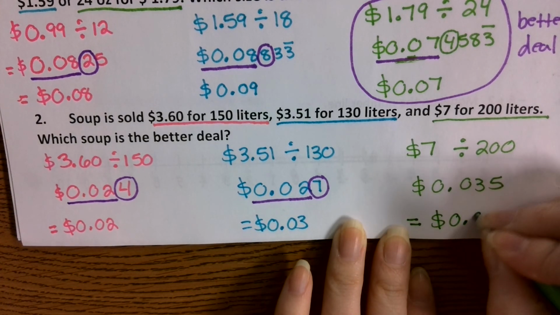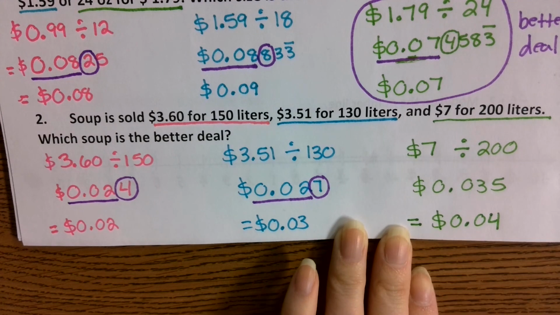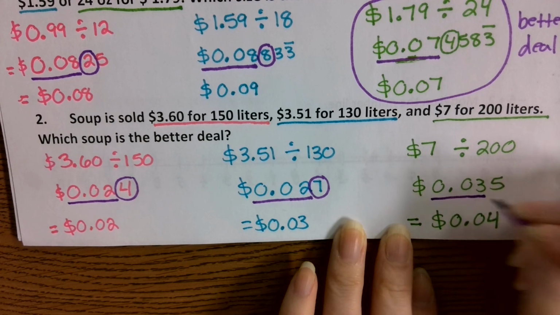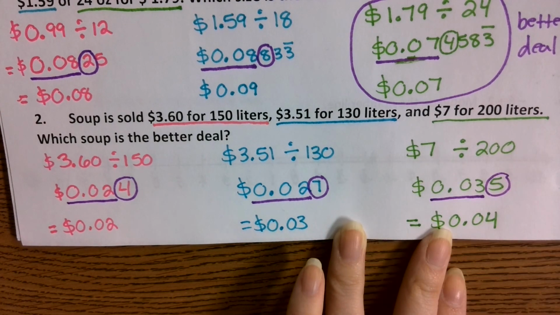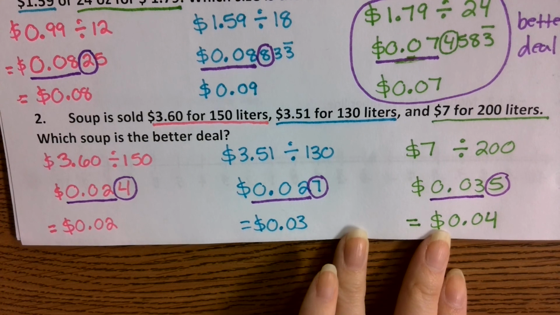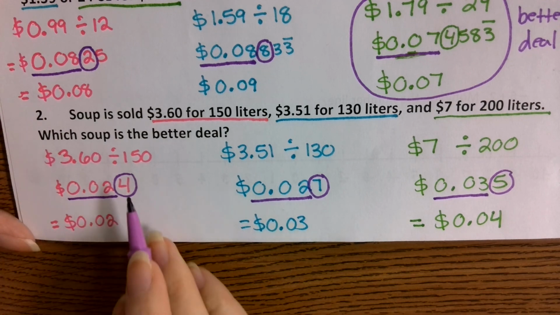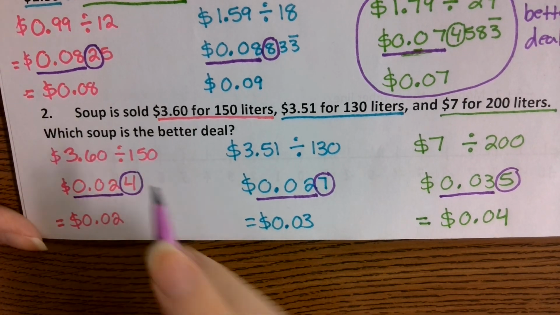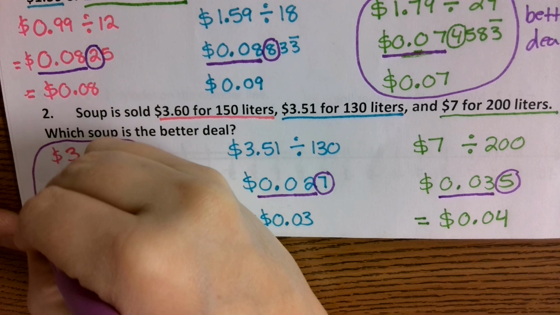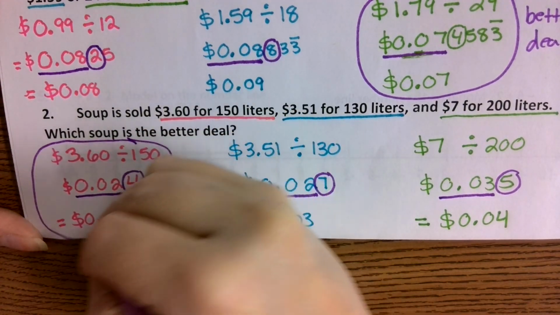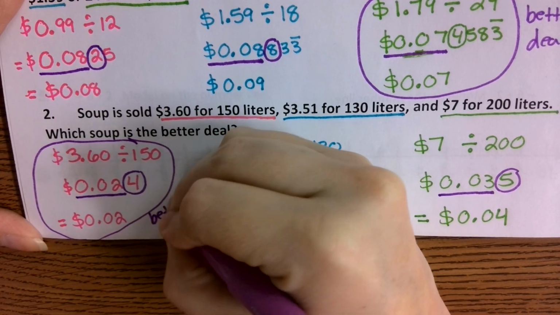We're going to estimate to 0.04 because, even though that 0.03 is the money, it has a 5 at the end. That 5 tells us to round it up. So it's 4 cents. So the cheapest deal happens to be the one for 150 liters. 150 liters happens to be the better deal. There's our cheaper item.